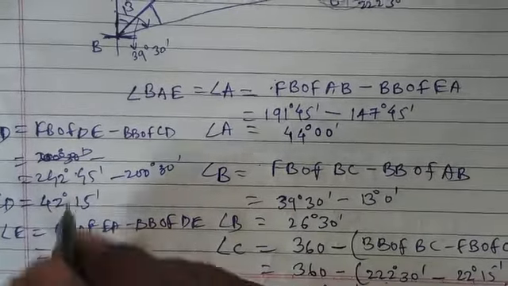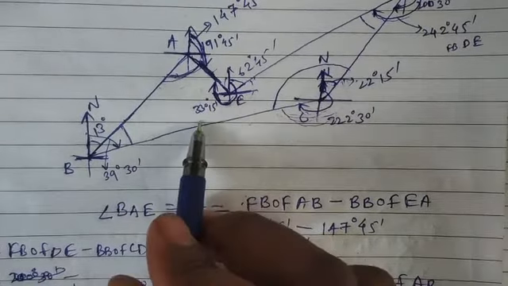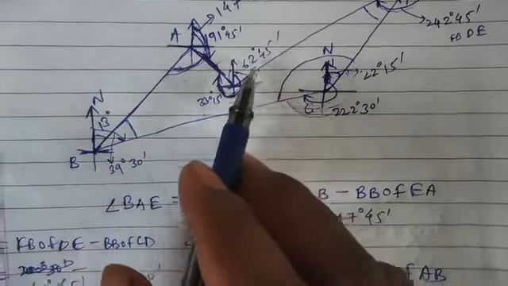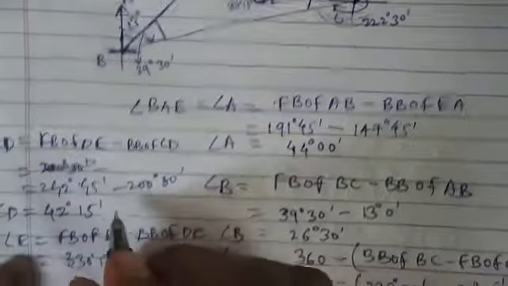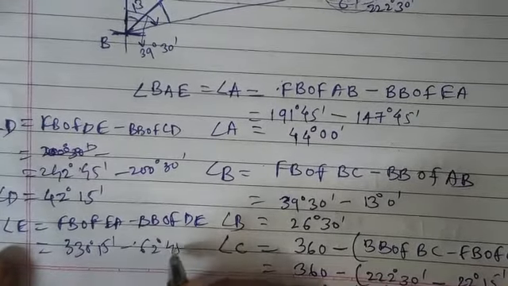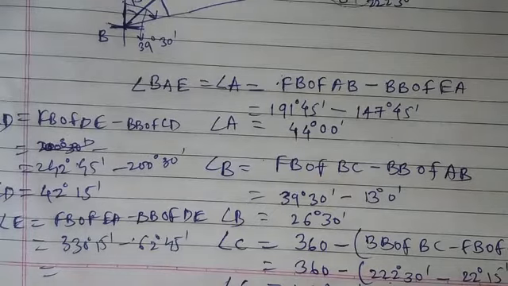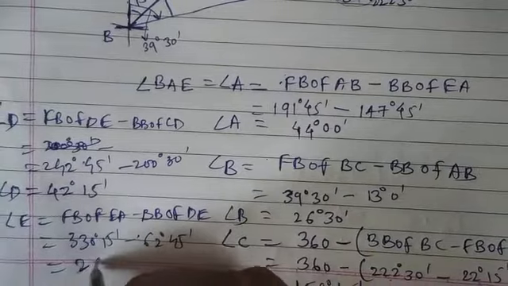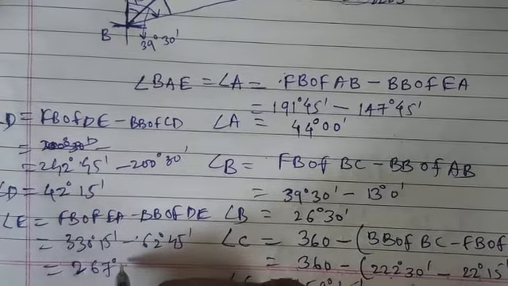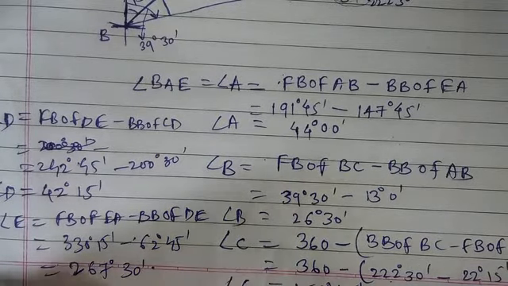Fore bearing is 330 degree 15 minutes minus 62 degree 45 minutes. If you calculate this, it will be 267 degree 30 minutes. Okay, so we have calculated all the interior angles now.